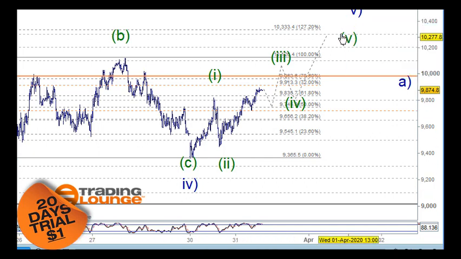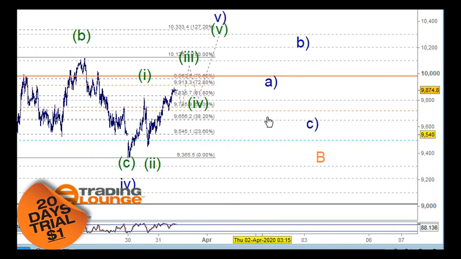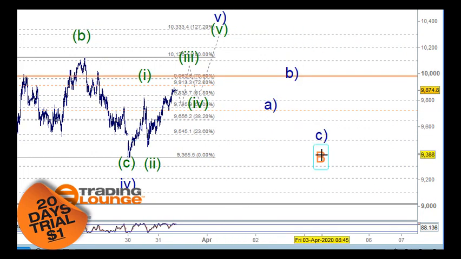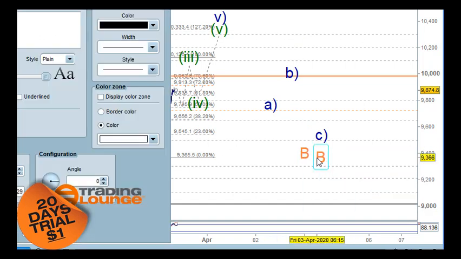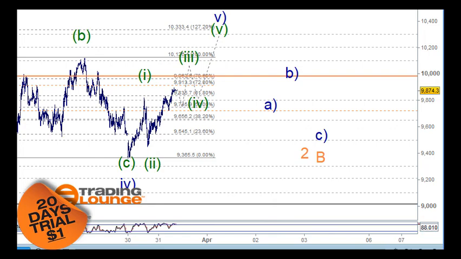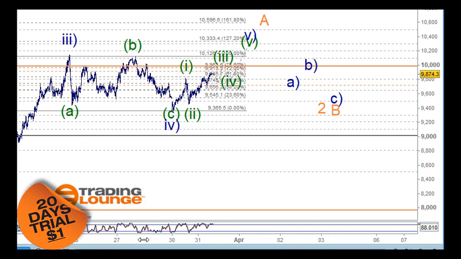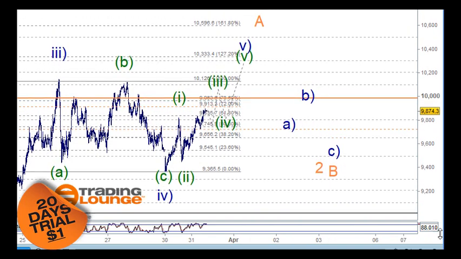I'll put it quite high here at the top of group 1, and then we will look for the A wave, the B wave and the C wave here for wave B, but probably we're looking for wave 2 at this point. So this would be the setup on that level. These are just some of the things that I wanted to put out there.